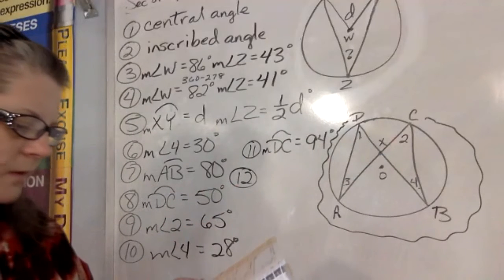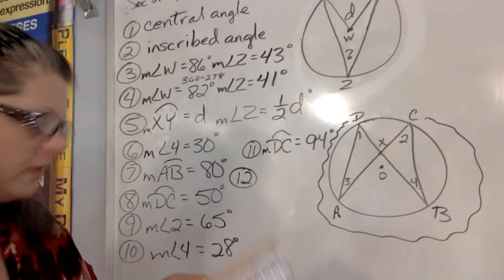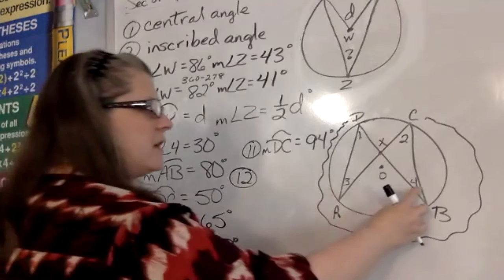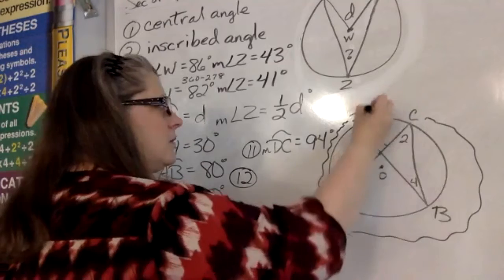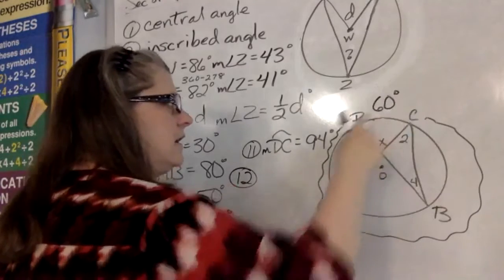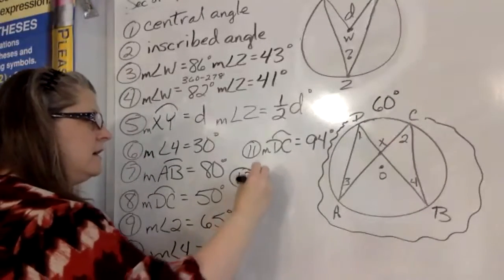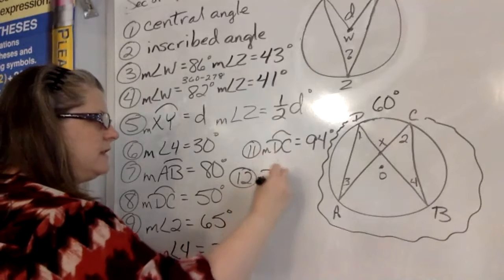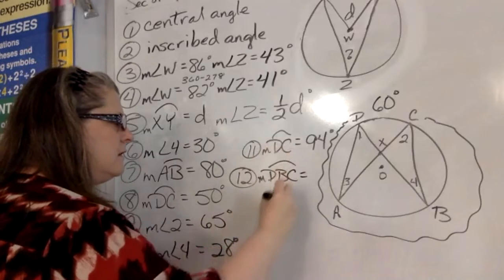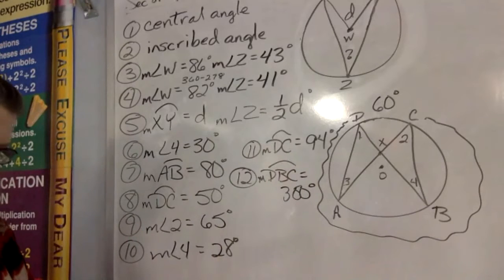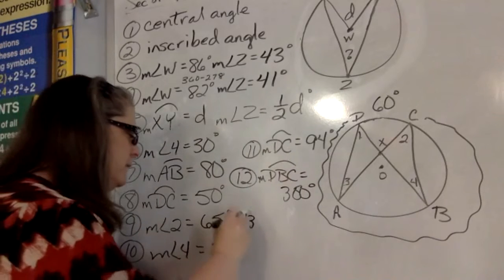So angle 4 was 30 degrees. 30 times 2 is 60. So then take 360 minus 60. 300. The measure of arc DBC is 300 degrees.